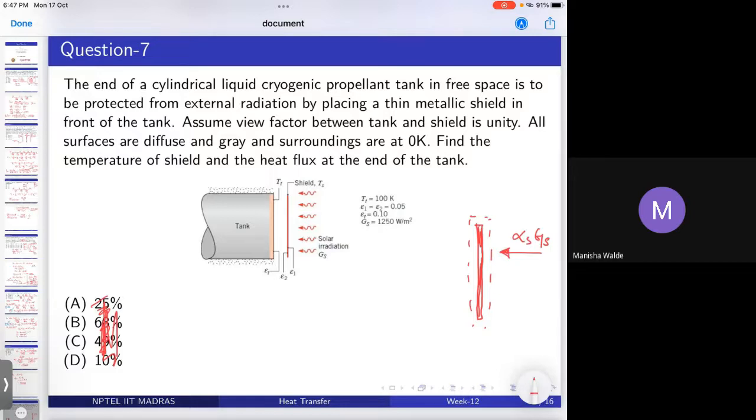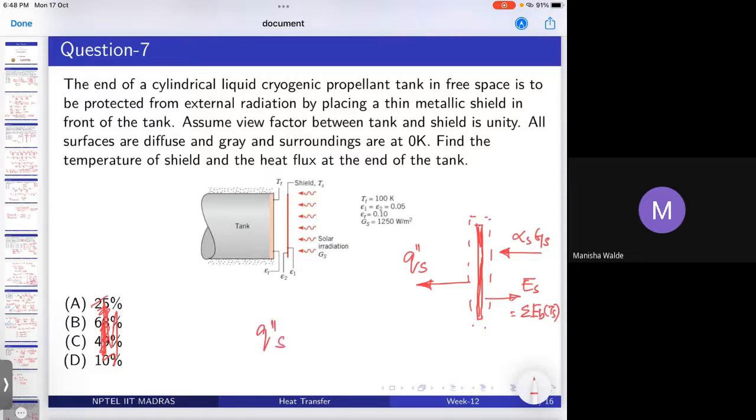Some part of the radiation is emitted, that is E of the shield, that is epsilon S sigma T S to the fourth, and the net heat flux going to the tank is q S. We will regard it as q S.